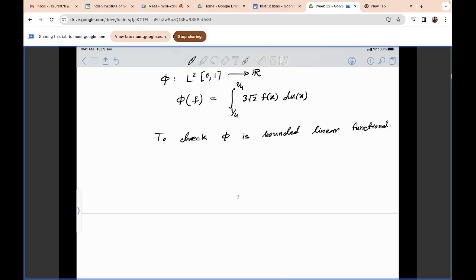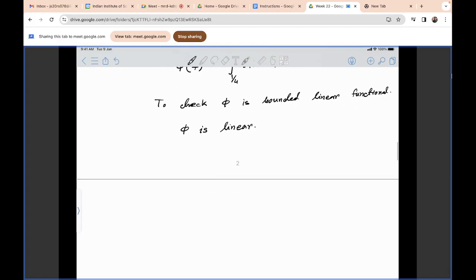Linearity is clear by the definition. Phi is linear. Now let's check that phi is bounded.